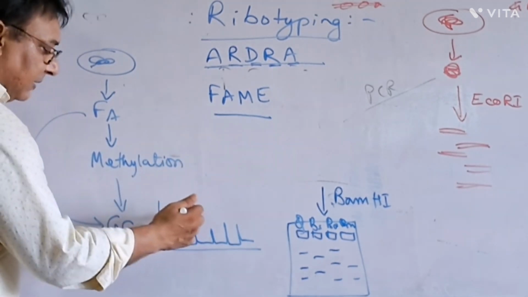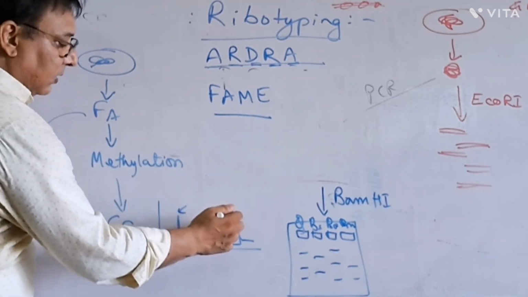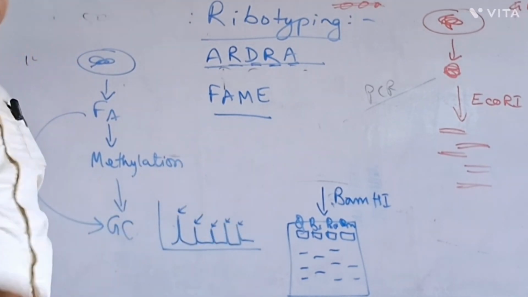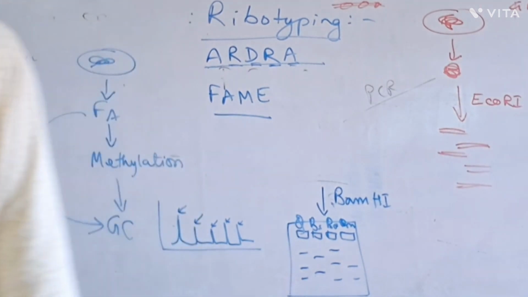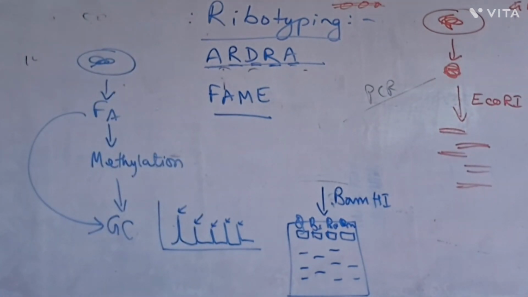All of these peaks, they represent some of the fatty acids. So what is the composition of the fatty acid of a particular bacterium? You can determine by this method. This will also help you to match with the known organism, similar organism, to reach up to maybe species level. It will help you along with the 16S rDNA sequence analysis.